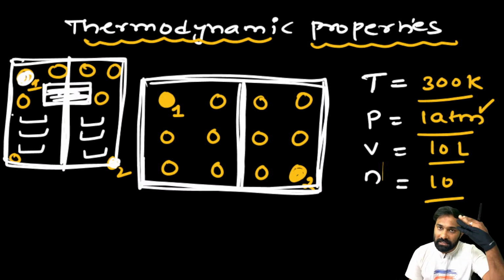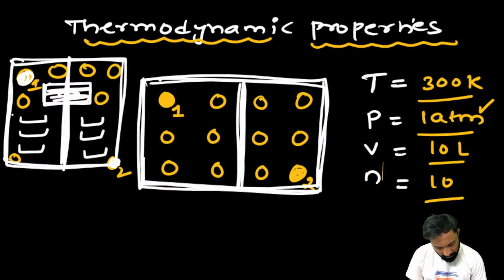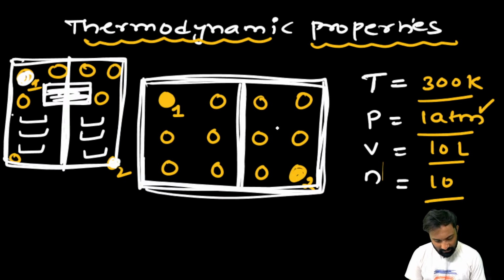Because they remain in the classroom itself. They have no chance to go outside, because the volume of the container is fixed. If this container volume is fixed, the gas has no chance to go out of the container. So whatever the pressure in the container, it will be fixed. So gas 1 and gas 2 will have the same pressure. Okay? So pressure does not change after the partition.